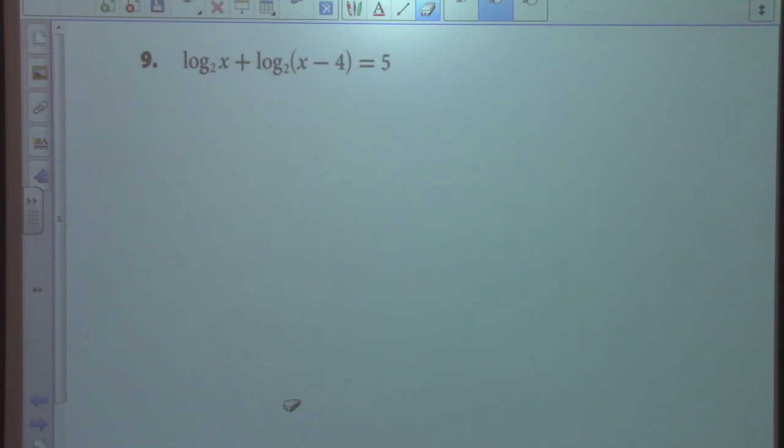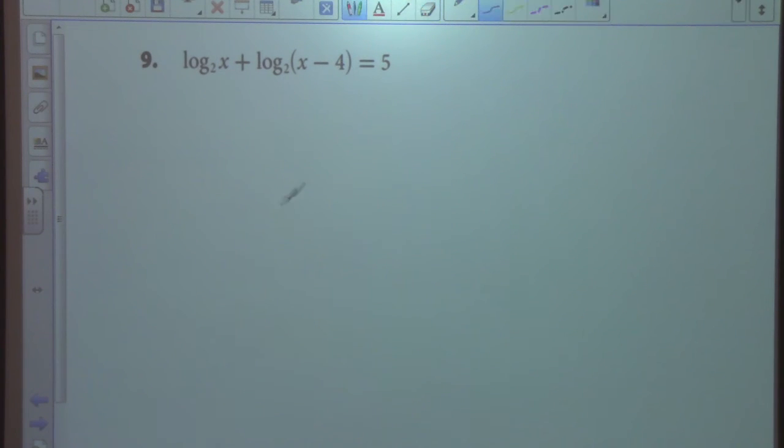This is going to involve another property of logarithms, which is called which property? Okay, this is called the product property of logarithms.